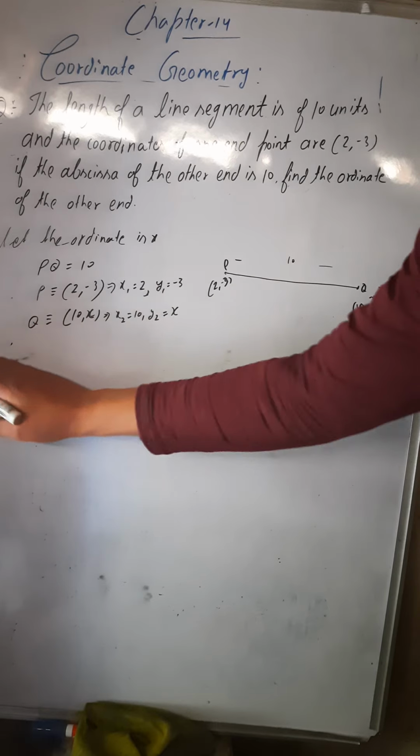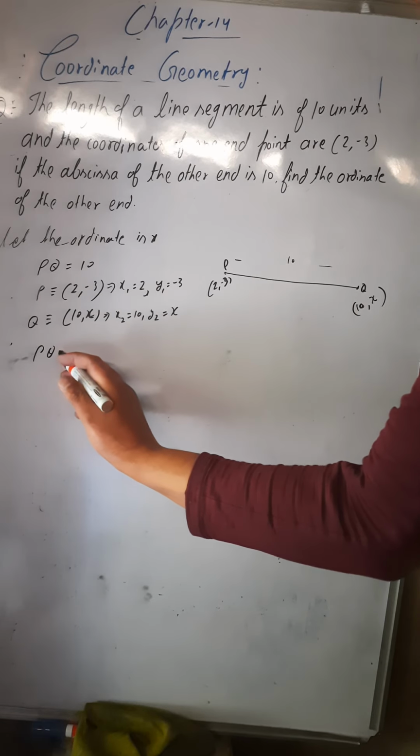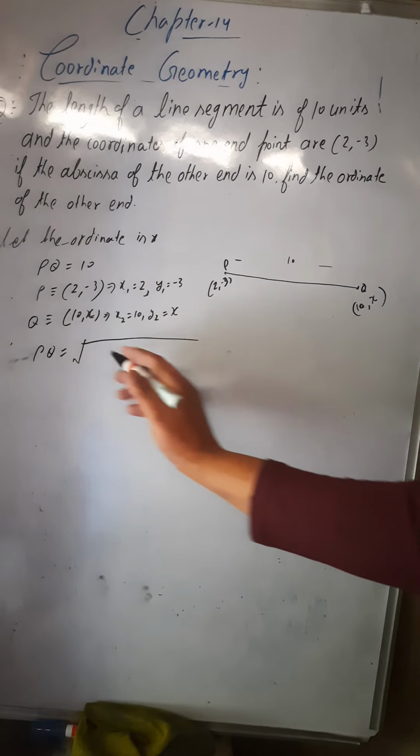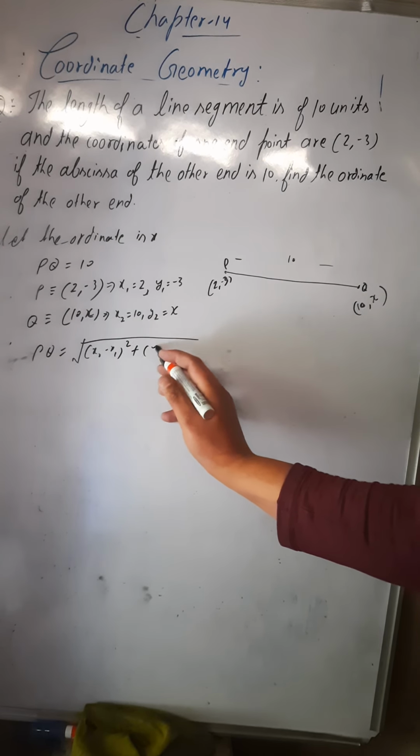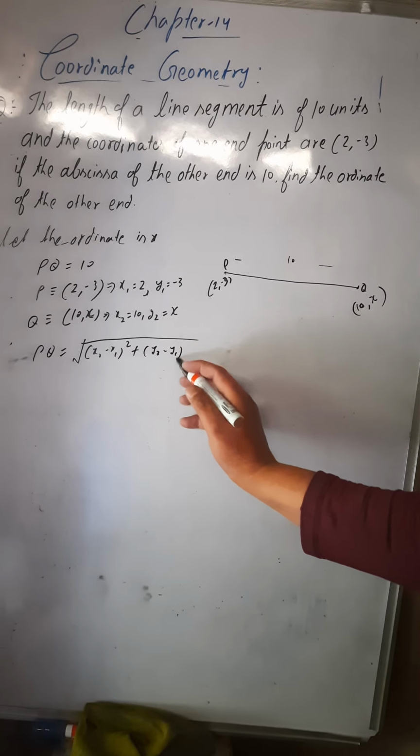Using the distance formula, PQ is equal to under root, what is the formula? x2 minus x1 whole square plus y2 minus y1 whole square.